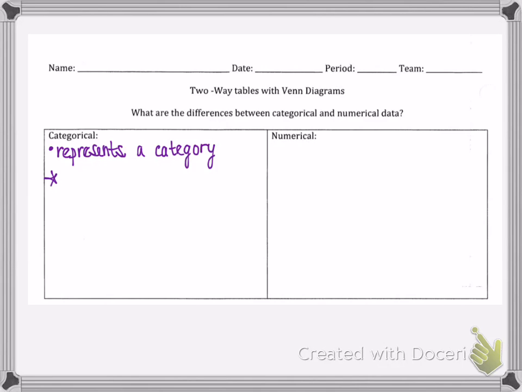It is everything that is not numerical. It can be words or answer choices.